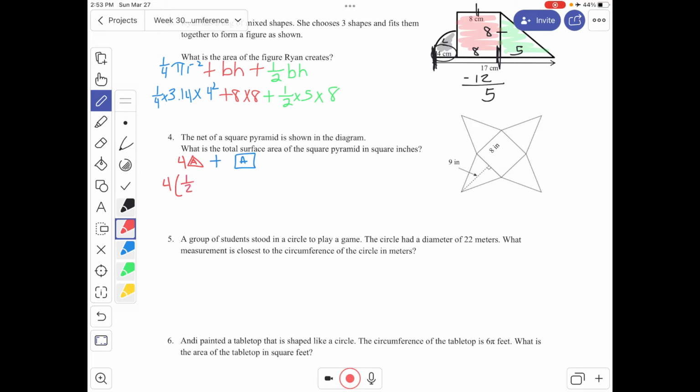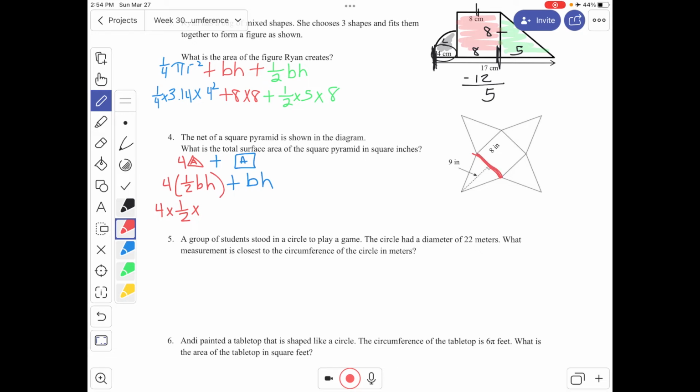The formula for triangles is 1/2 times base times height. And I'm going to multiply that times 4 because there's 4 of them that look exactly the same. And then the formula for the square is base times height. For the triangle, it'll be 4 times 1/2 times the base of the triangle.